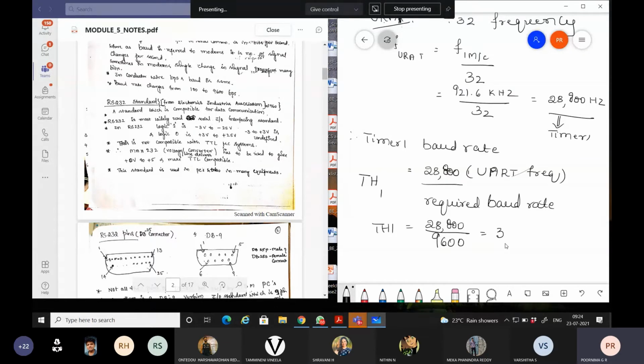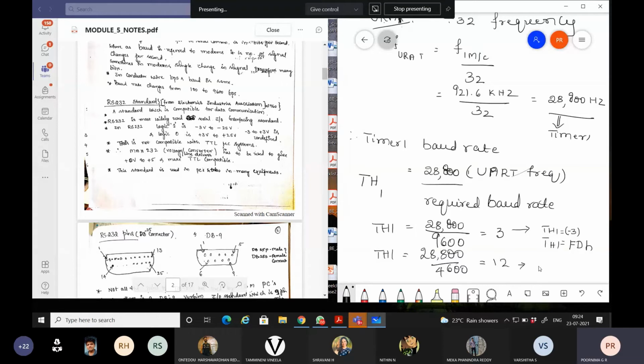When you are loading onto the TH register, you need to set its equivalent negative value. So if TH is equal to -3, that is equal to FDH in hexadecimal. Similarly, you compute TH1 for the 4,600 baud rate, and you will get 12.